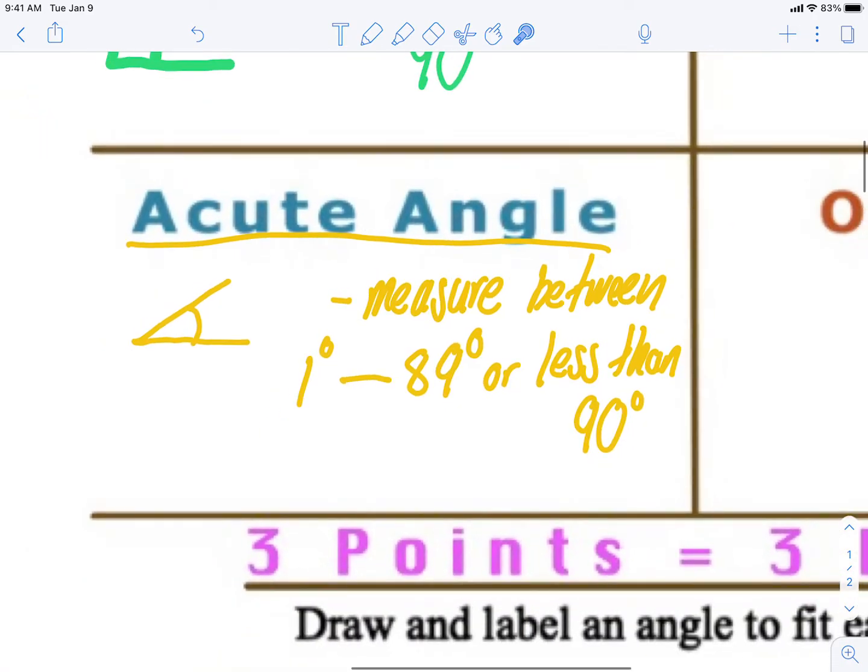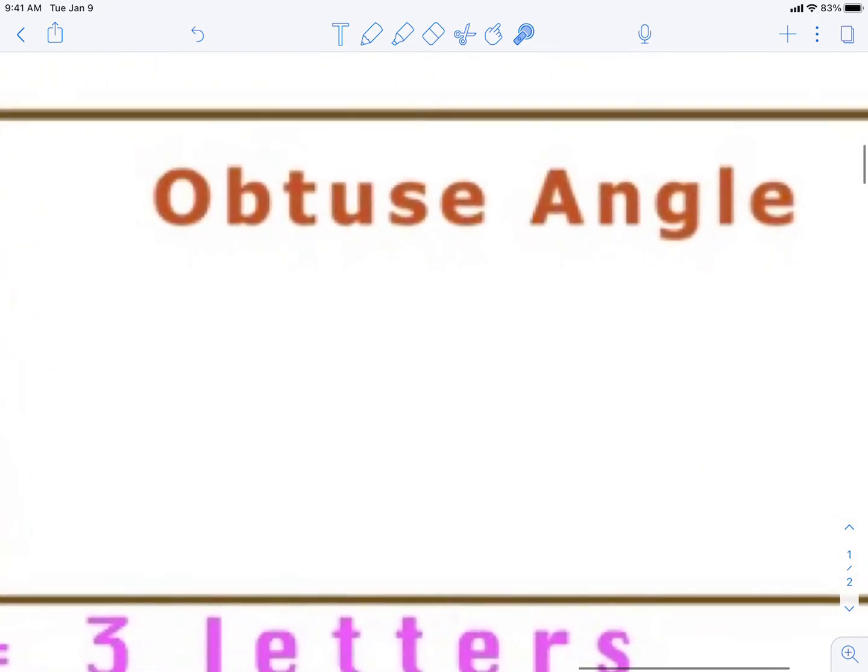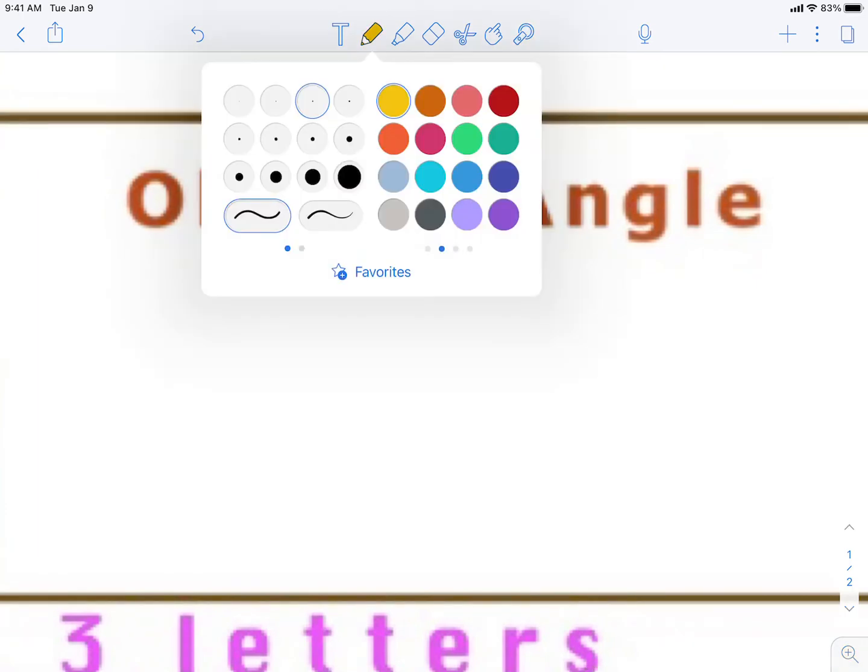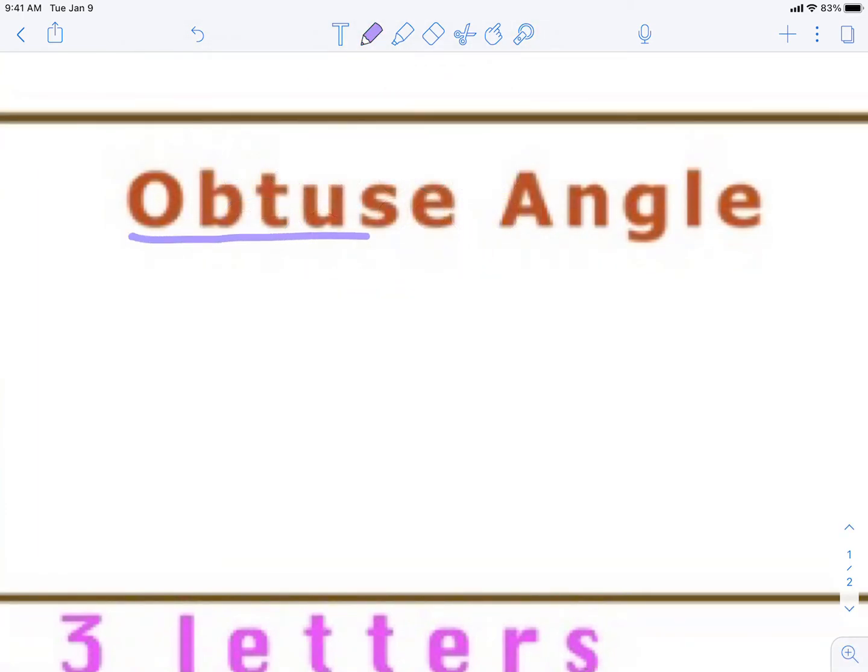Next angle that we already talked about is the obtuse angle. The obtuse angle was the one that looked like the beach chair. You know those old school beach chairs that are hard to keep up because they're always falling down? They look like this.